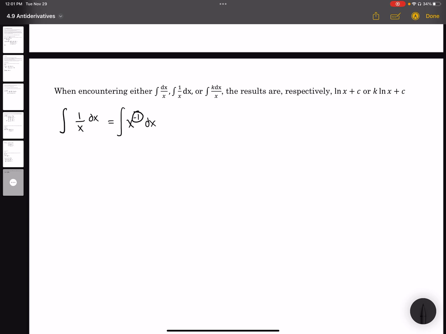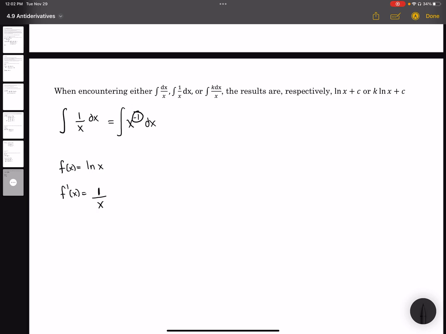Remember that if we have f of x equals the natural logarithm of x, the derivative is the derivative of x, which is 1, divided by x. So if we're asking whose derivative is 1 over x, that's the natural logarithm of x.